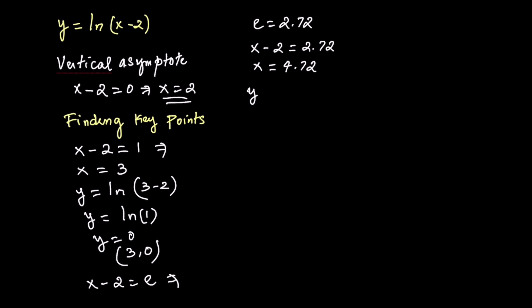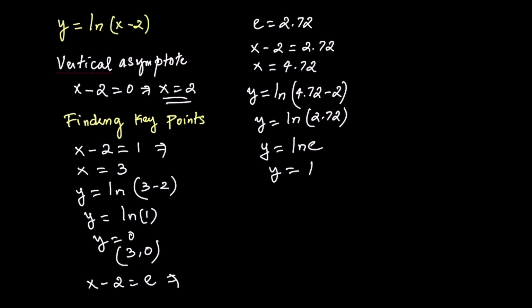Now substitute x equals 4.72 into the function. Y equals ln of (4.72 minus 2). Y equals ln of 2.72. Y equals 1. So our second key point is approximately 4.72, 1.